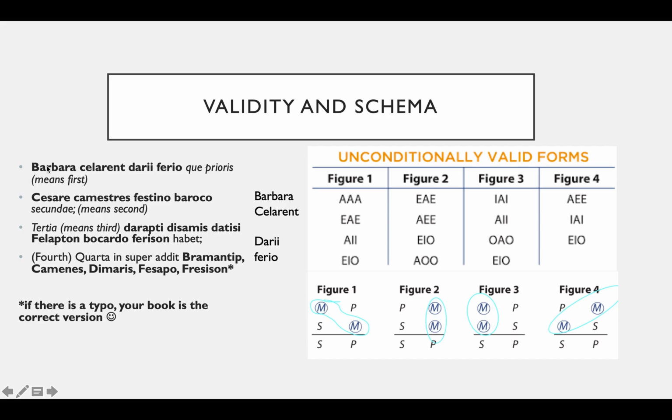So any AAA in figure 1, which means that the middle term is in a certain place, which I'm not sure a lot of you realized, or remembered, I should say. I think at some point you did realize it, but maybe you just didn't remember it. The middle term has to be in a certain place. So AAA1 means that your syllogism has AAA as the propositions, but also the middle term is always going to be, for figure 1, the subject in the major premise and the predicate in the minor premise.